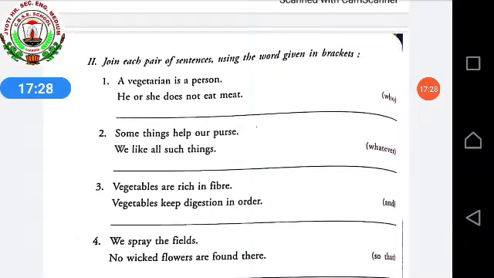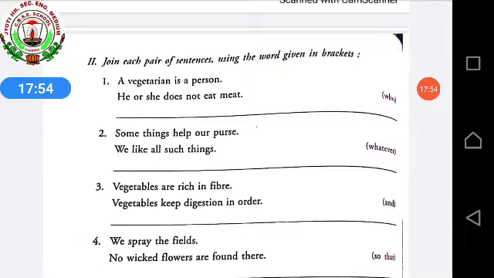First one. A vegetarian is a person. He or she does not eat meat. So, what will be the answer for this? Relating with who, it will be: a vegetarian is a person who does not eat meat.